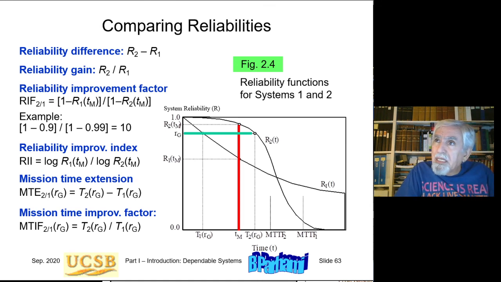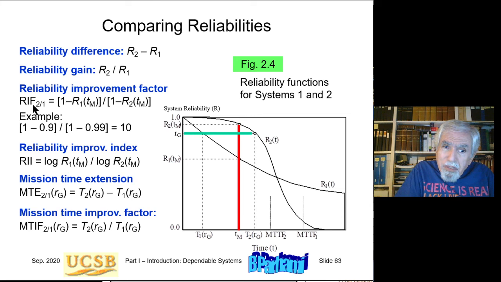So it doesn't have sufficient distinguishing power, because one of them is almost always close to 0, and the other one is almost always close to 1. So we come up with other ways of comparing reliabilities.